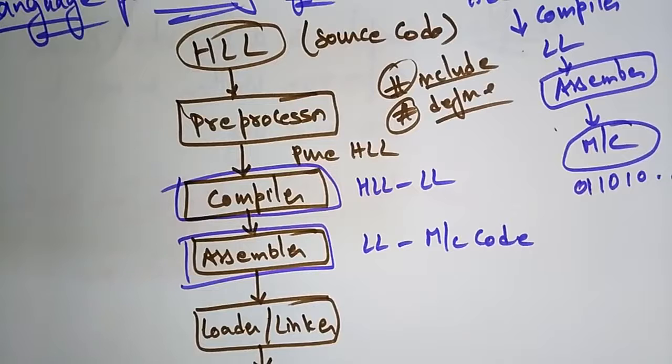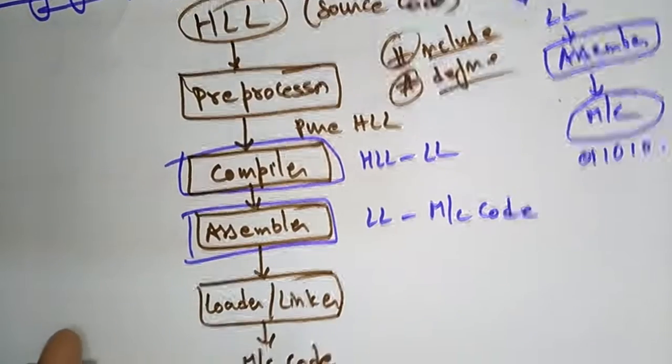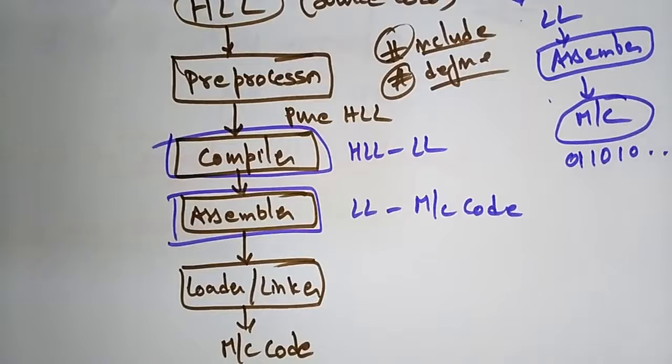And what about the loader and the linker? The loader and linker are used so that it can be loaded at any point and run. All the library functions will be loaded and linked to your program, and finally you will get the machine code.